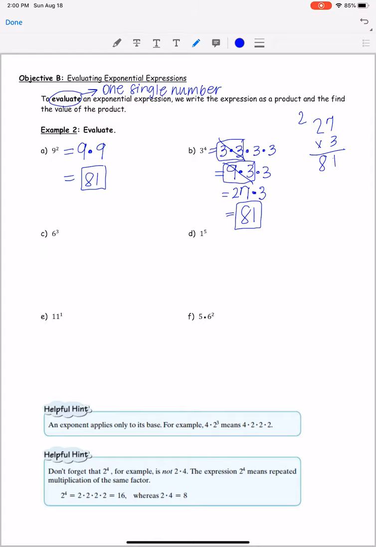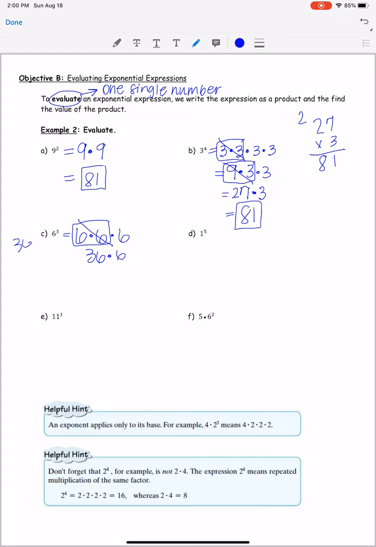C, you got 6 cubed. So 6 is being repeated. That exponent tells me 3 different times. So 6 times 6 times 6. So 6 times 6 is 36. Bring down your times 6 on the end. That goes away.